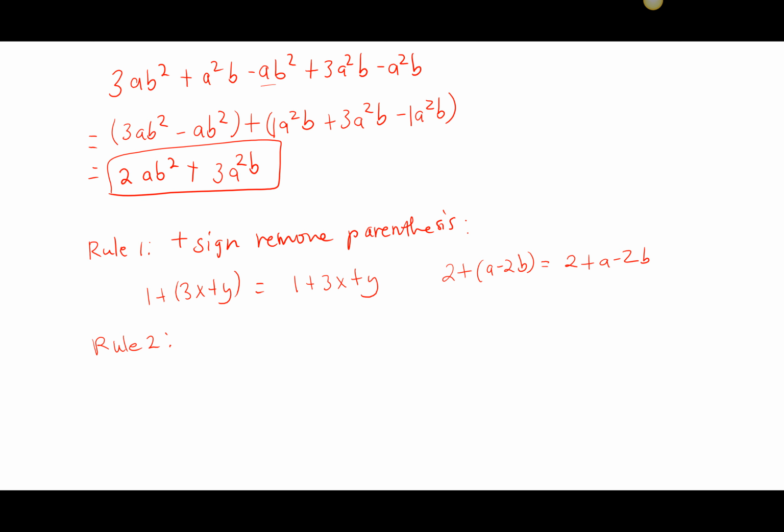Rule 2. If the parentheses has a negative sign, change the sign of each term inside and remove the parentheses. So if it's a negative sign, change the sign of each term and remove parentheses.